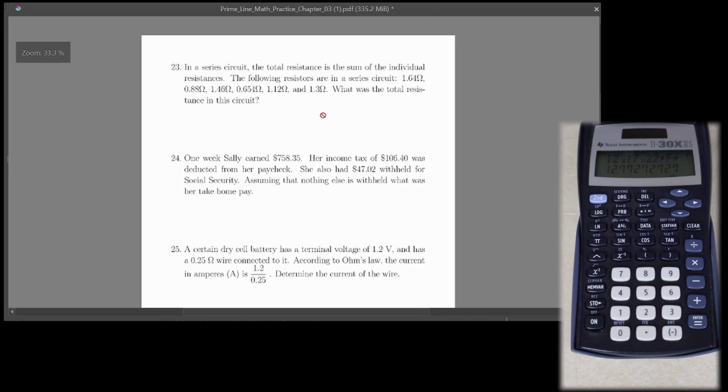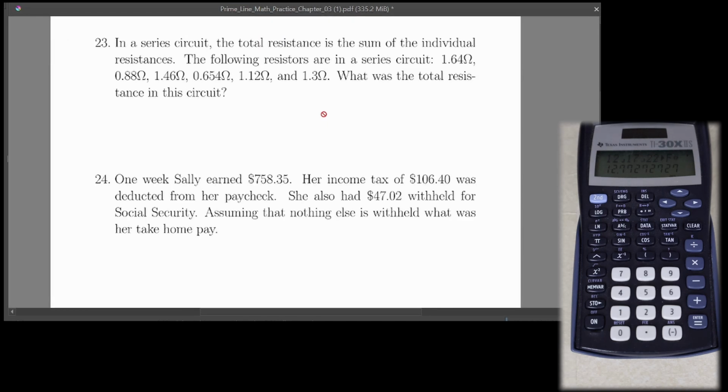Okay, our last three problems. In a series circuit, it's the sum of the individual resistances. We're going to basically add them all together. So we're going to add 1.64 plus 0.88 plus 1.46 plus 0.654 plus 1.12 plus 1.3, and we're going to get our grand total.